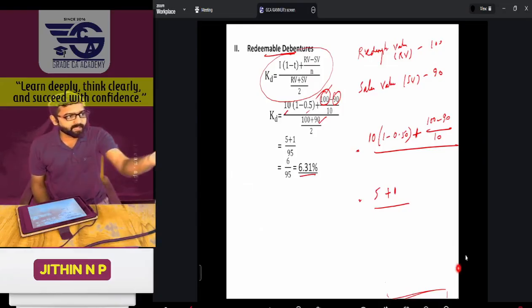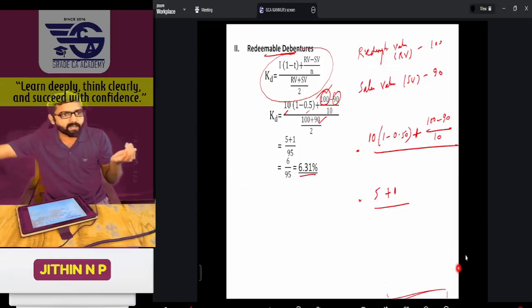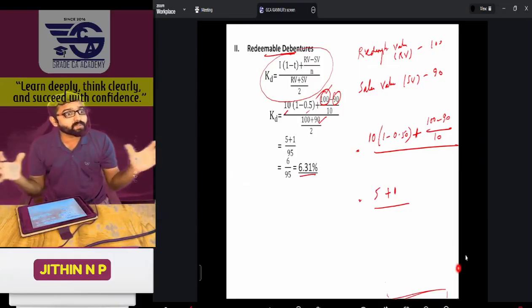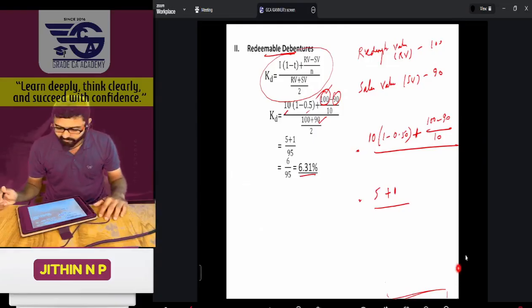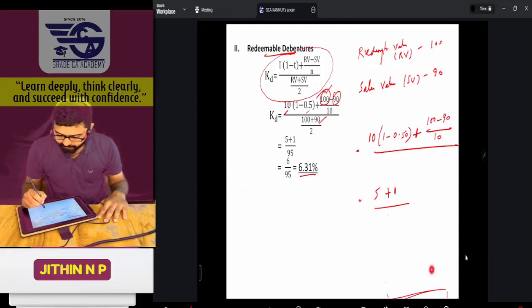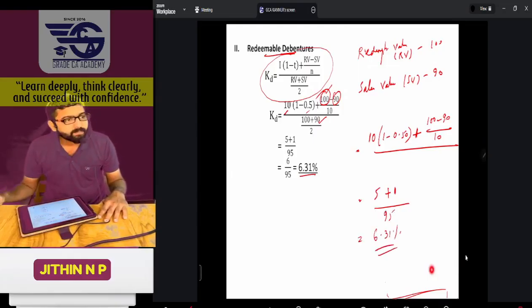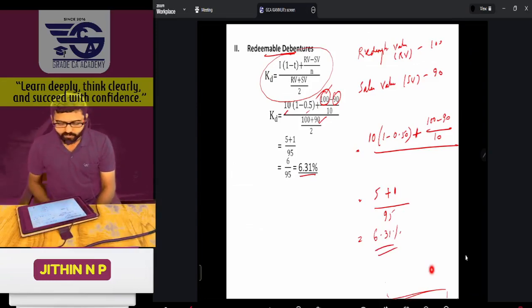The company collected 90 and redeemed 100, so the average capital is 95. Clear? 5 plus 1, 6 divided by 95, that is equal to 6.31 percentage. This is the concept. Clear? I think you got it.